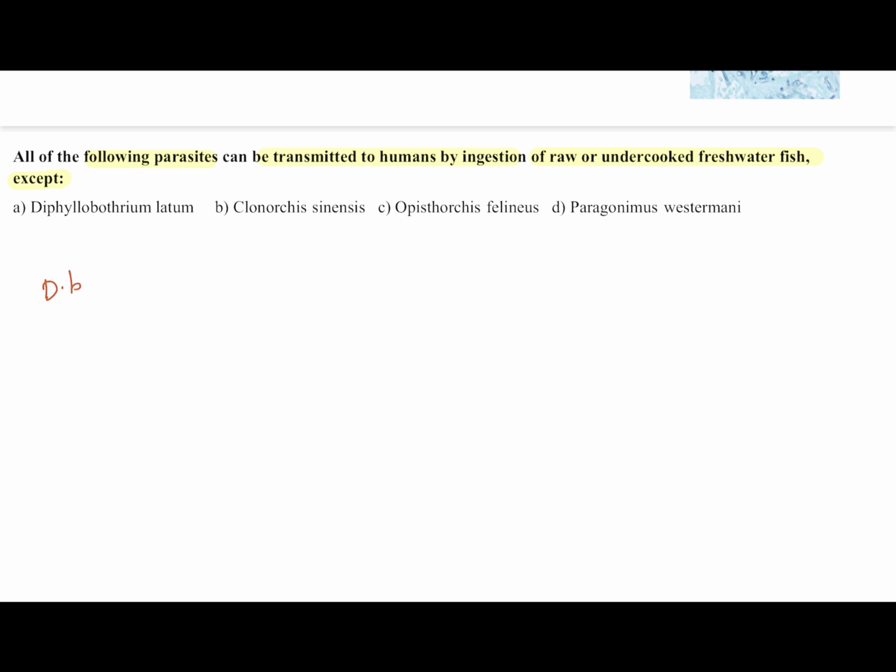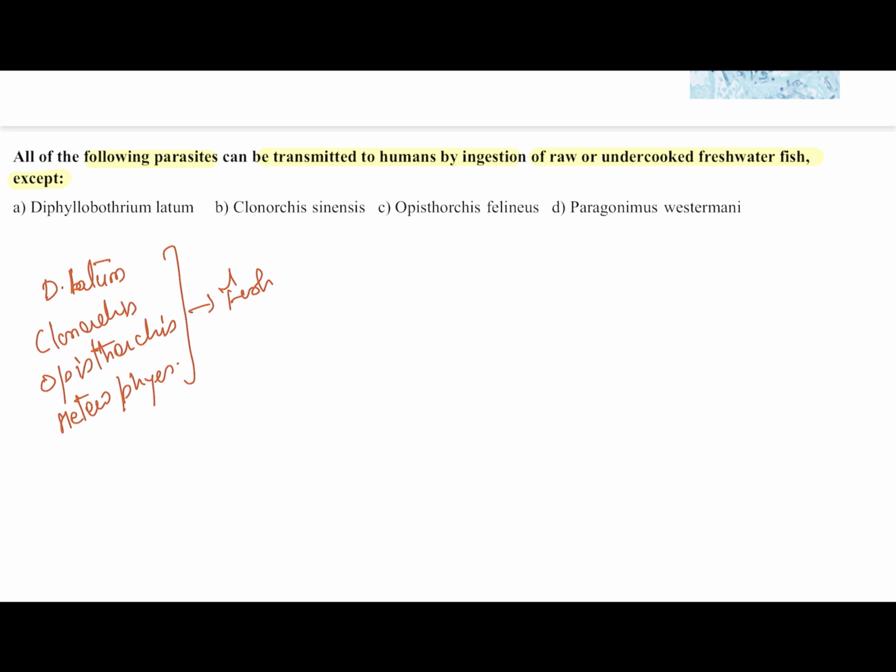Out of these, one is Diphyllobothrium latum, another is Clonorchis, Opisthorchis, and there is one more called Heterophyes. So Diphyllobothrium, Clonorchis and Opisthorchis are transmitted. So the correct answer will be Paragonimus.